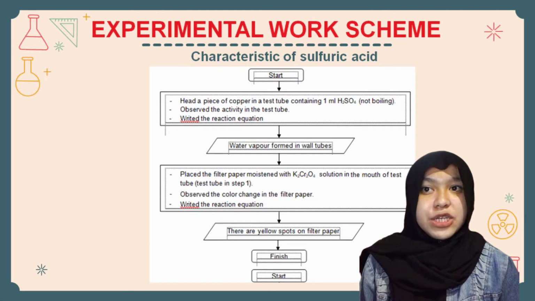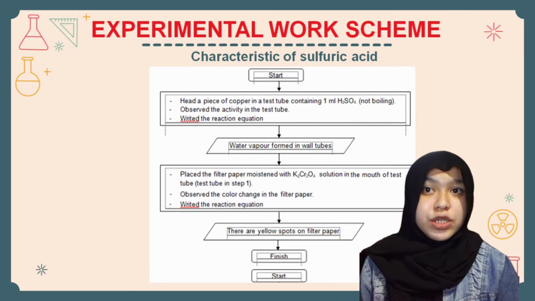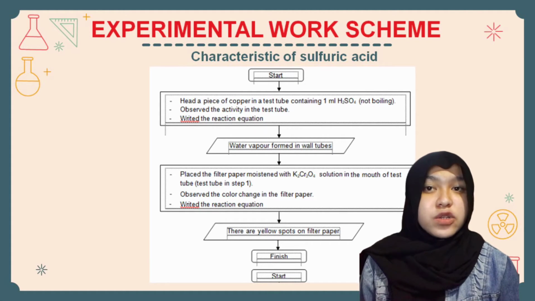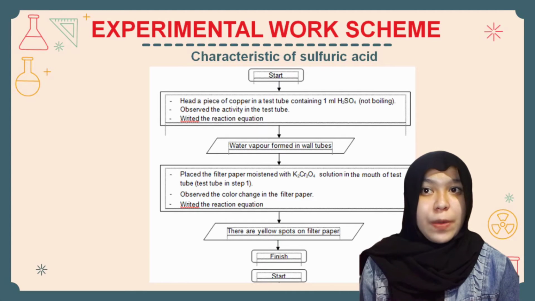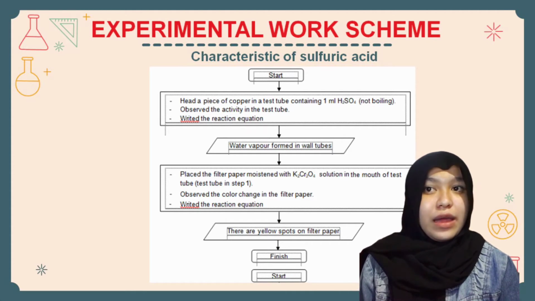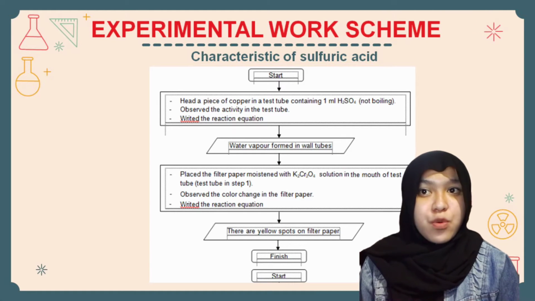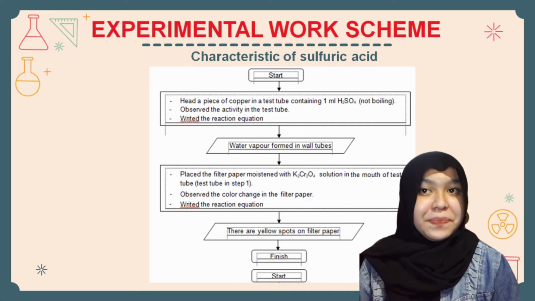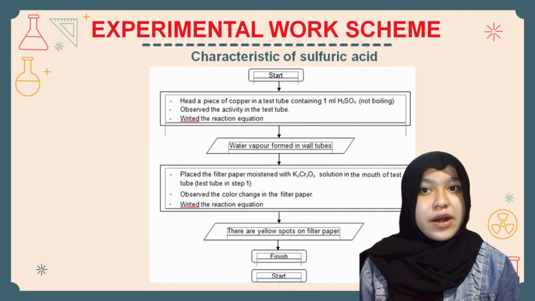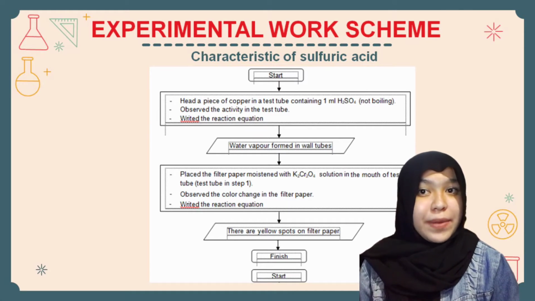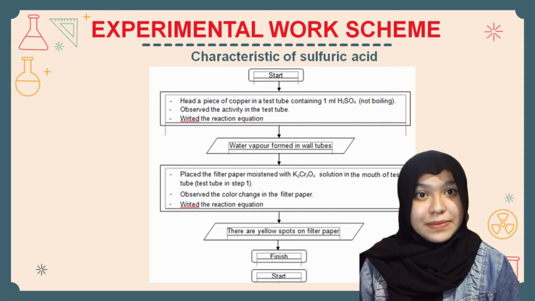Next, place filter paper moistened with K2CrO4 solution in the mouth of the test tube from step 1. Then observe the color change in the filter paper with the reaction equation. Next, there are yellow spots on the filter paper, and finish.